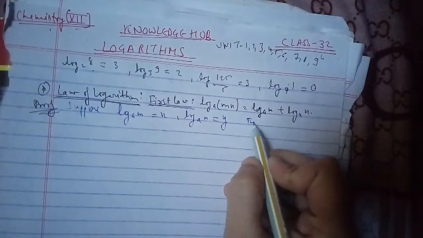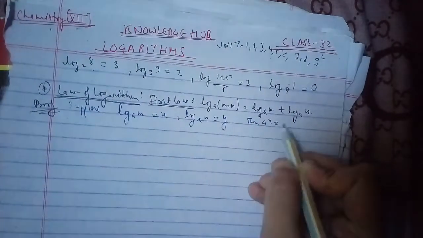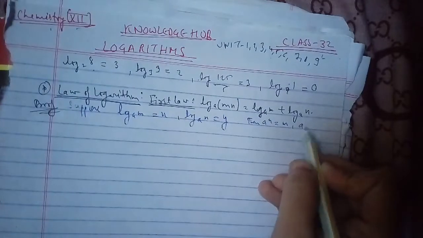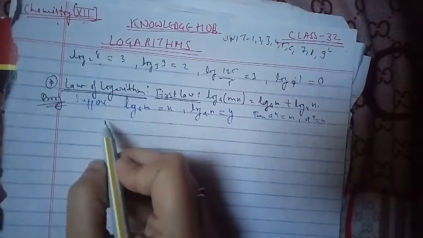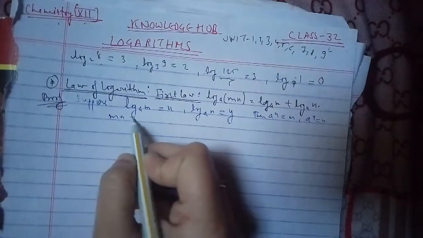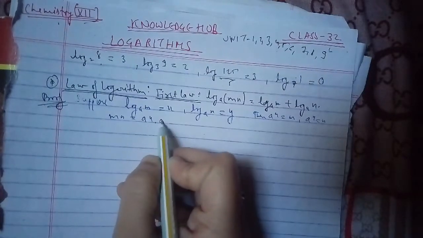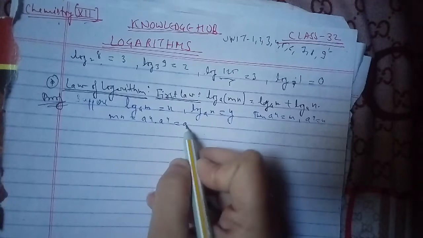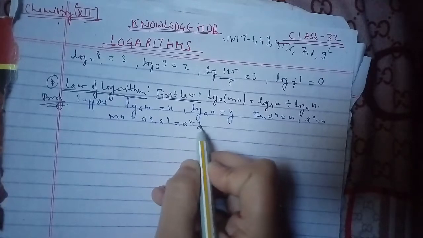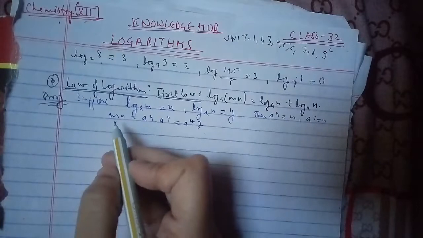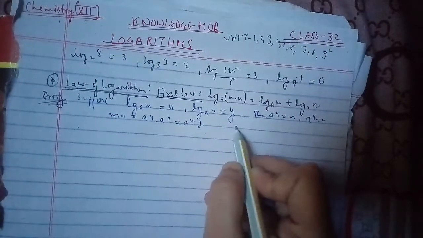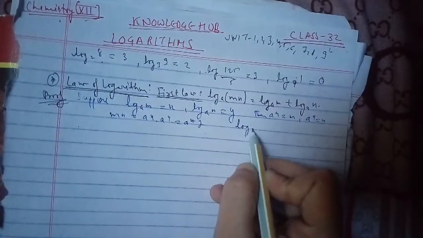It now follows from the definition of logarithm that log a of mn equals x plus y, equals log a m plus log a n.